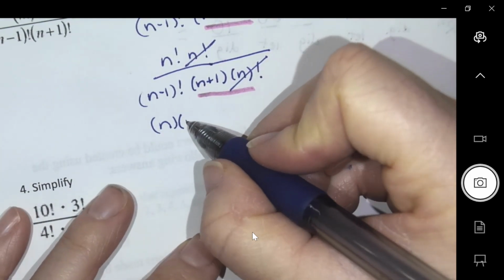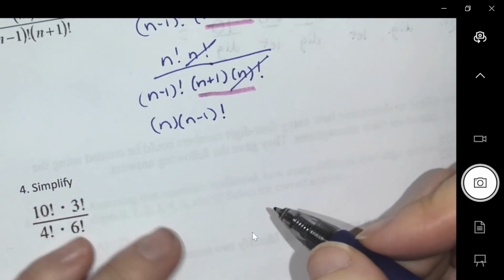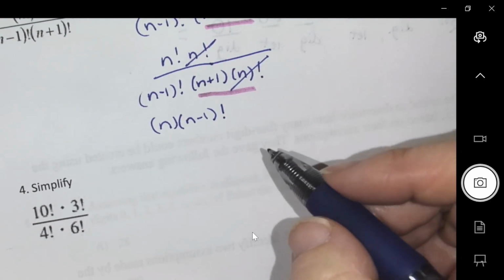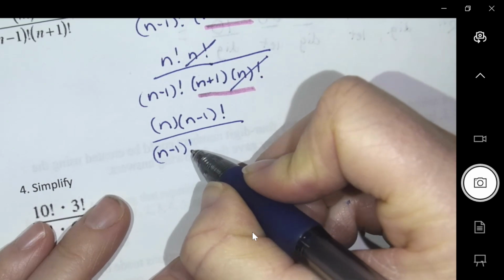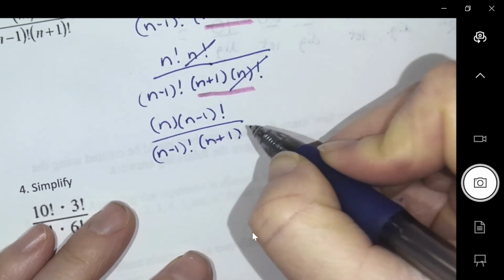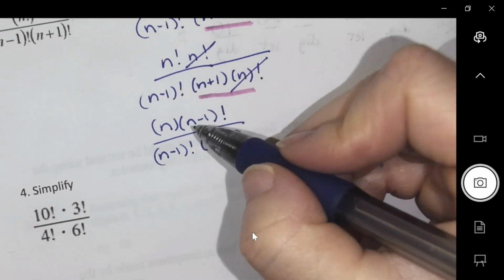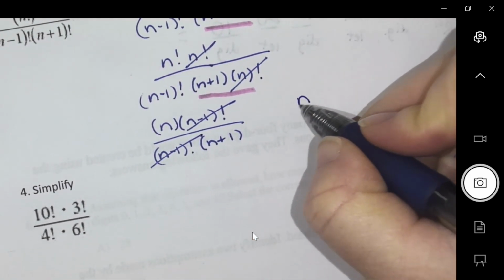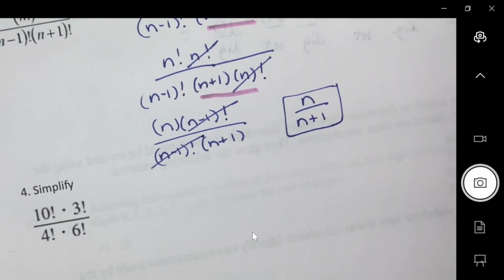N minus 1. And I'm going to continue to go down from there by just saying exclamation, factorial. Now, these cancel. And that's it. I can't go down any more from that.